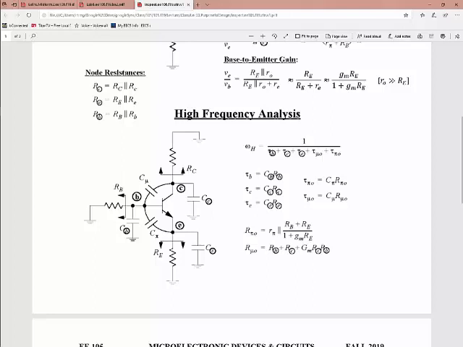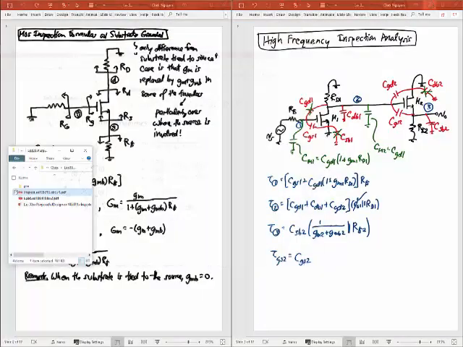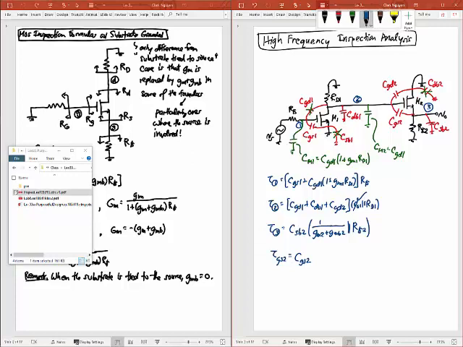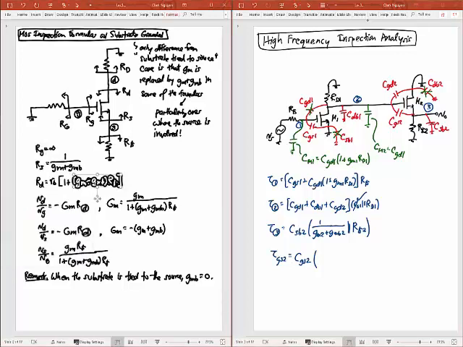Okay, and so if I just have that equation, then I can return to this, and I can just write that driving point resistance as just whatever resistance I see looking this way, which is RD1, plus the resistance I see hanging off of the source, which is RS2, divided by 1 plus gM2 times RS2.